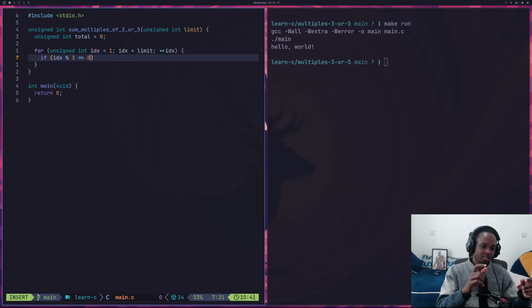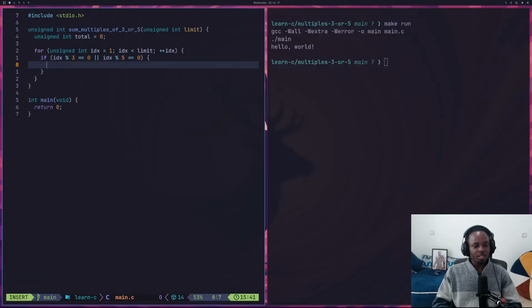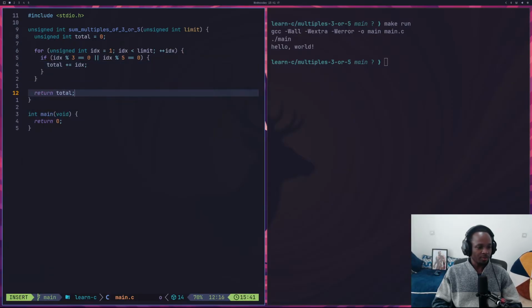Since modulo checks for the remainder, if index divided by 3 has no remainder, it means that it's divisible by 3. So if it's divisible by 3, or the index is divisible by 5, take the total, and the total will be the total plus that index. And then at the end of the day, return the total.